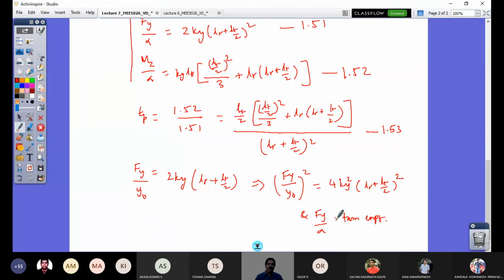So now if I divide this equation with that equation, what is it that I'll get? ky, because you see (Lr plus Lt by 2) whole square, Lr, this goes off. So let's call this equation 1.53b. So 1.53b divided by 1.51 would give me 2 ky value.